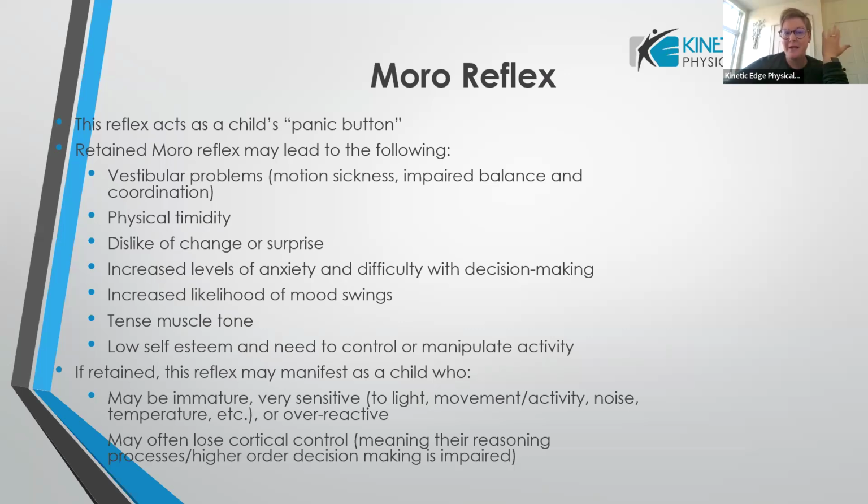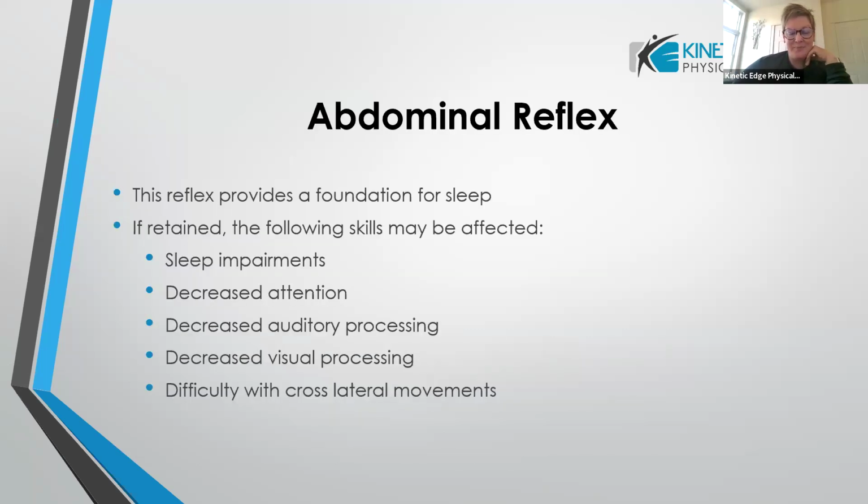Like the name indicates, the startle reflex, these kids, adults, might just startle a bit more easily. And so with this one, it's important to identify if the Moro reflex is involved in a lot of those kiddos who are having behavioral issues, because this would be one way to assist in improving that.